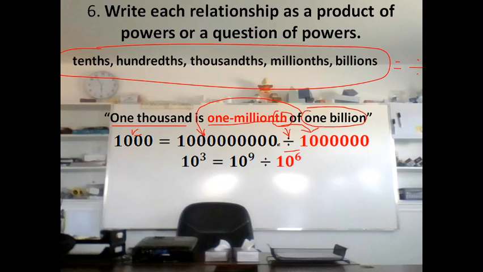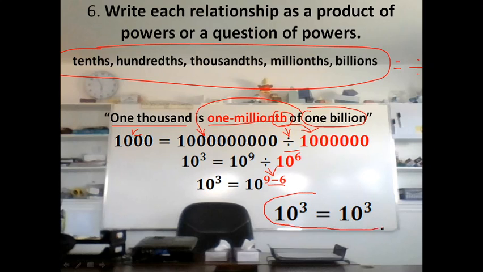We use the quotient law, and we can see right down here that we have 9 take away 6 because it was division. And that proves that 10 to the power 3 is equal to 10 to the power 3. So because this is equal, we can really say that this statement is true, that 1,000 is a millionth of a billion.